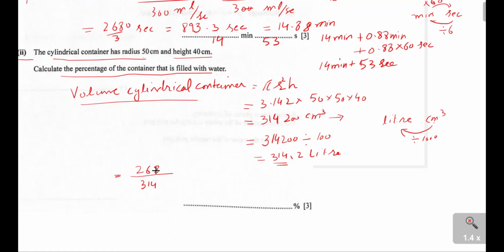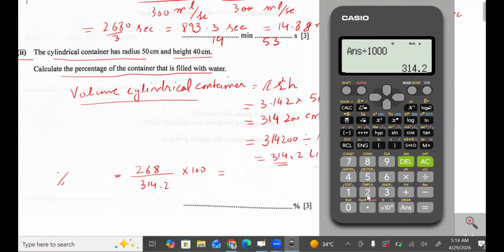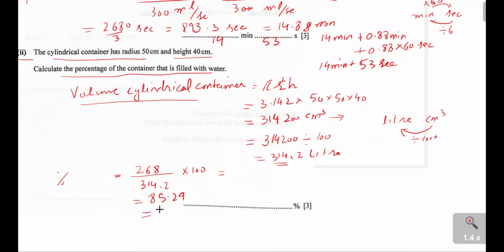Therefore, the percentage will be equal to 268 liters of water filled out of 314.2 liters, multiplied by 100. This is 268 multiplied by 100 divided by this value. This is 85.29, and this is 85.3%. This is the answer.